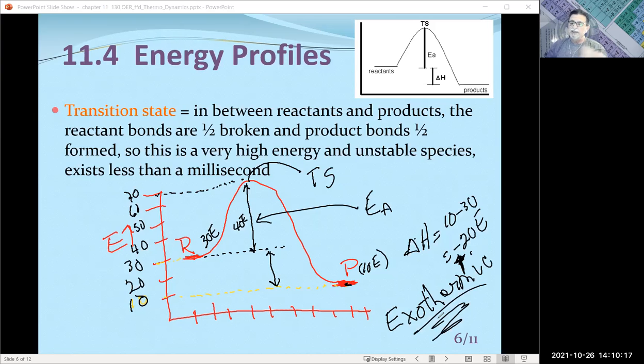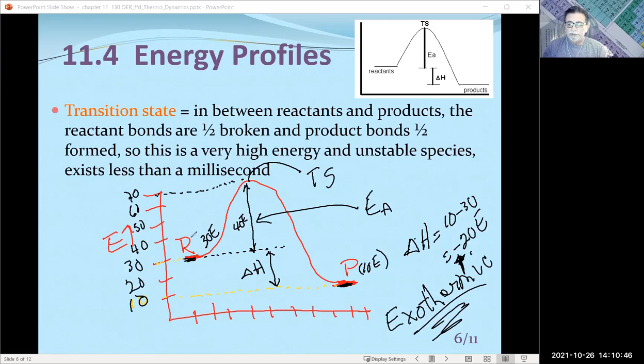Those are reactions that give up heat. And this difference here is called delta H. That's the energy of the reaction, all right? And the fact that the energy of the products is much lower than the energy of the reactants tells me that this will be an exothermic reaction and it will get hot. It will give up heat.